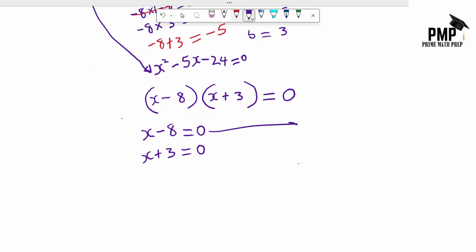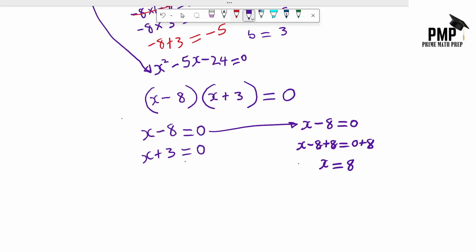If we solve x minus 8 equal to 0, we add 8 to both sides of the equation to isolate x, equal to 0 plus 8. This will give us x, because negative 8 plus 8 will cancel out, equal to 8.